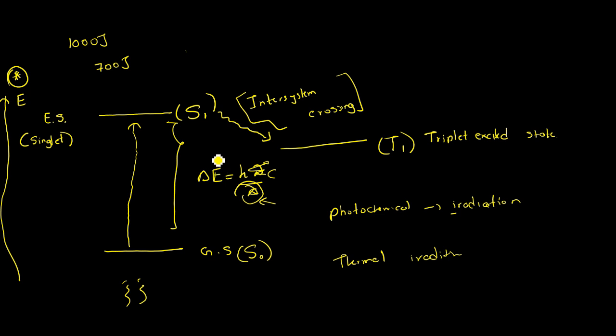So it's more efficient than thermal irradiation, right? Thermal irradiation is much more wasteful in most cases. There are some cases where thermal irradiation is more efficient, but in this particular case, photochemical irradiation is much more efficient based on the energy supply. So this is the main difference between photochemical irradiation and thermal irradiation. I hope you get the basic idea of this photochemistry, right?